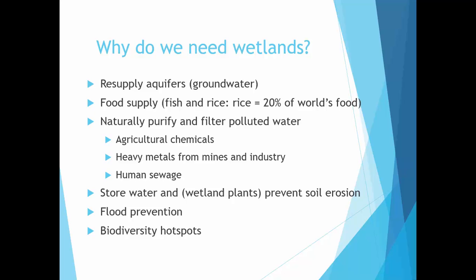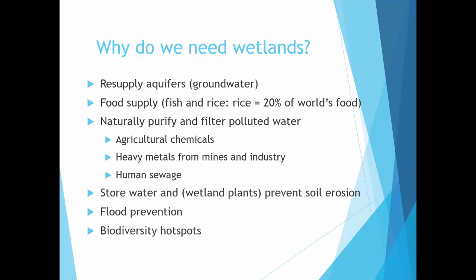Wetlands help to store water, and also they help to provide water for wetland plants, and they prevent soil erosion because it slows down the water, so it's not running as fast. When it encounters these wetlands, it slows down, and that way it's not eroding soil banks along rivers.